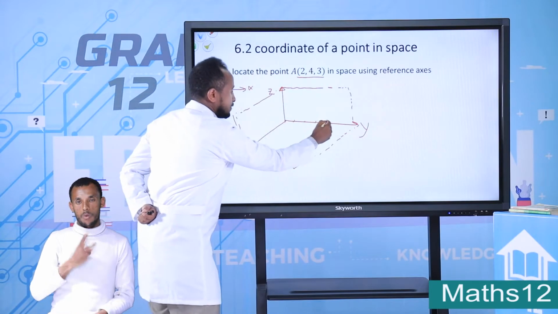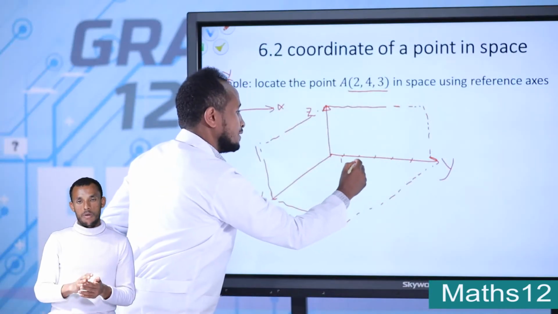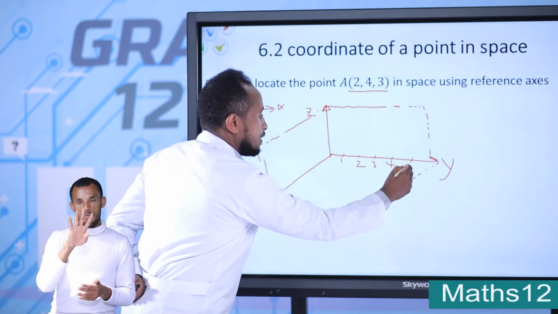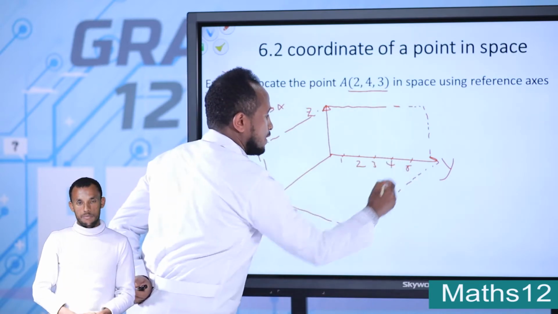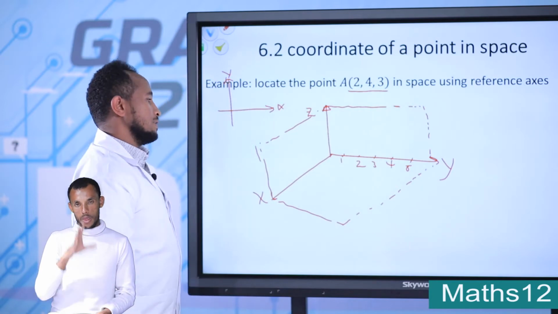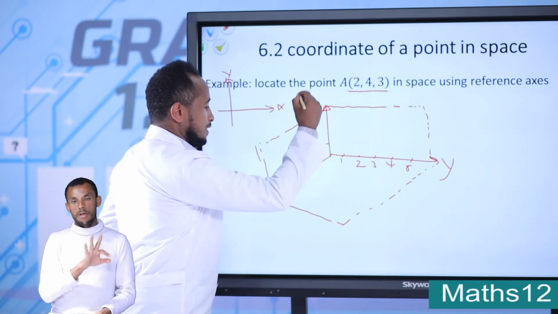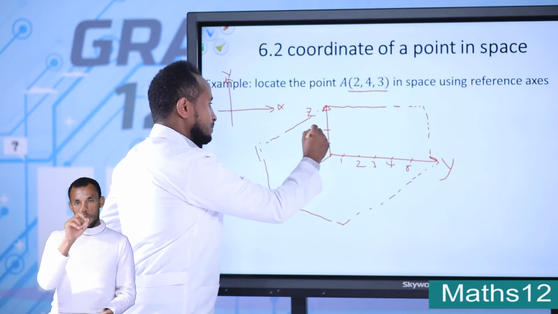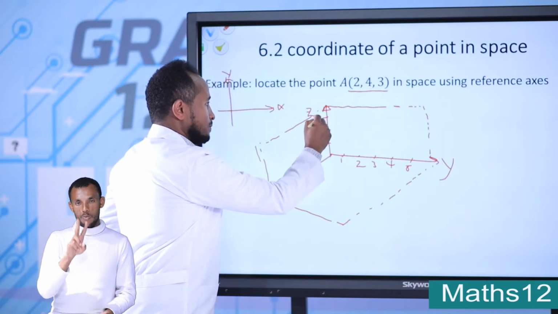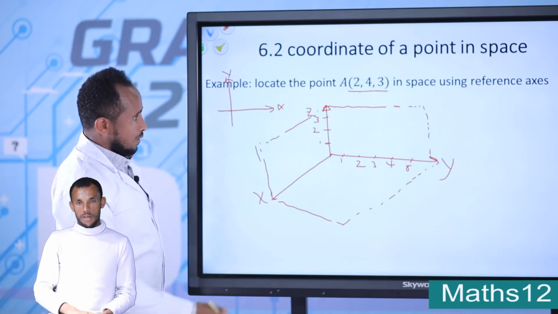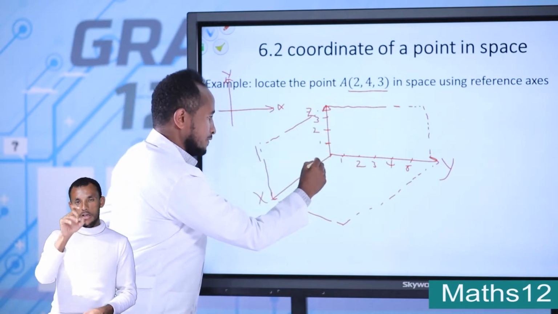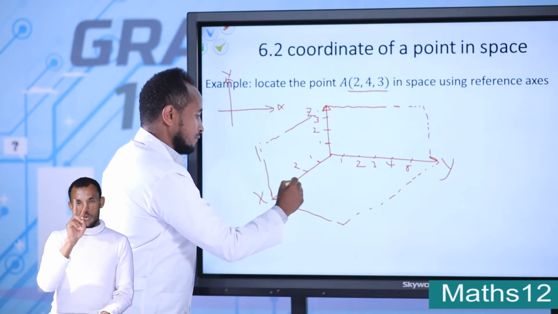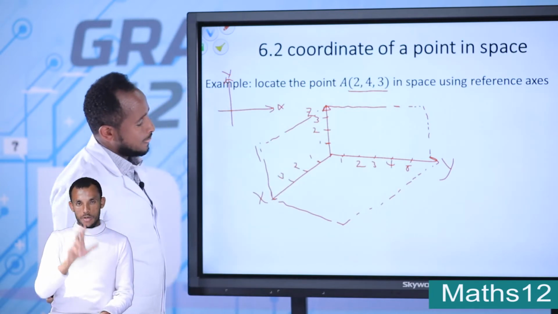We need 4, so 1, 2, 3, 4, 5. And the z-axis, let's divide this one: 1, 2, 3. On the x-axis, let's divide it: 1, 2, 3, and so on.